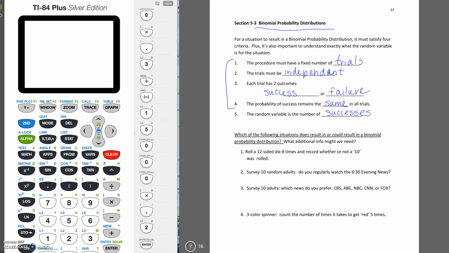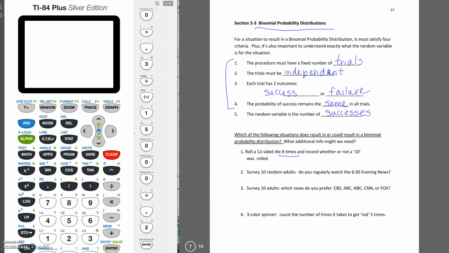So the first one says, roll a 12-sided die 8 times and record whether or not a 10 was rolled. Okay, so let's go through the 4 criteria. The fixed number of trials, we have that because it says 8 times. Are the trials independent? The answer to that is yes, because when you're rolling a die, the previous rolls do not impact the next roll.